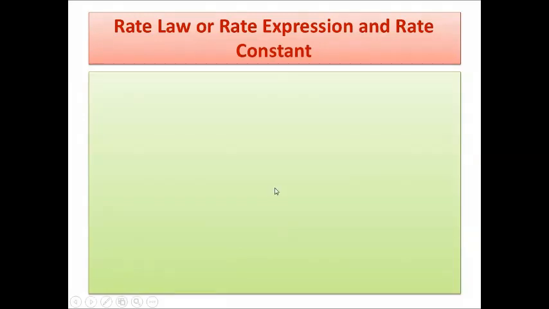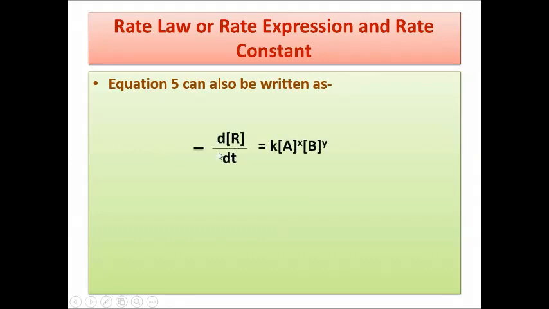Now the same equation, rate of the reaction is equal to k into molar concentration of A raised to x into molar concentration of B raised to y, can be written in this form: minus d of molar concentration of R by dt is equal to k into molar concentration of A raised to x into molar concentration of B raised to y.